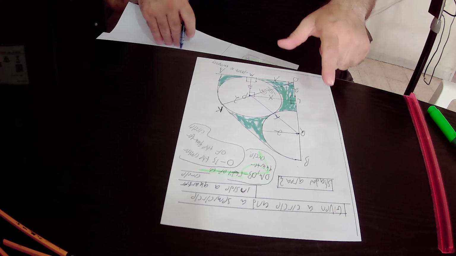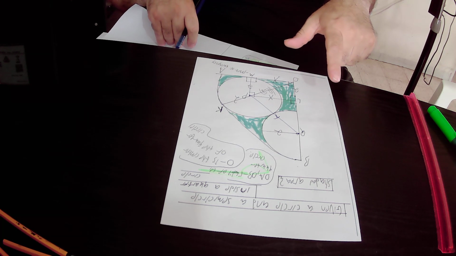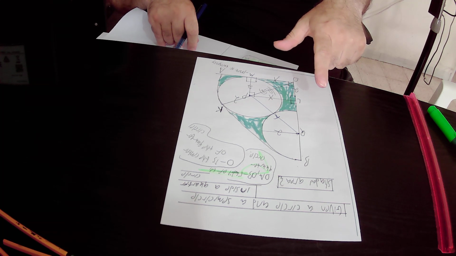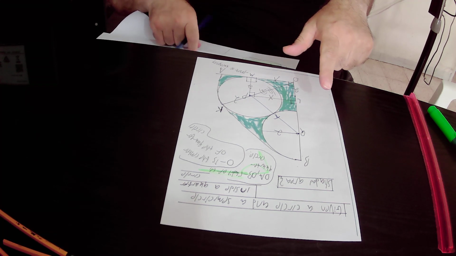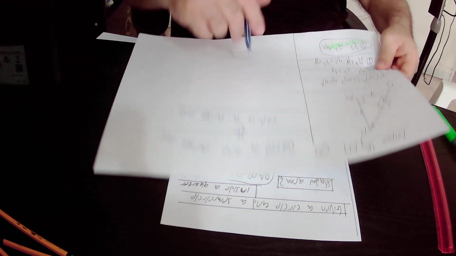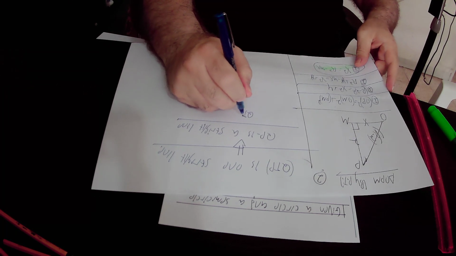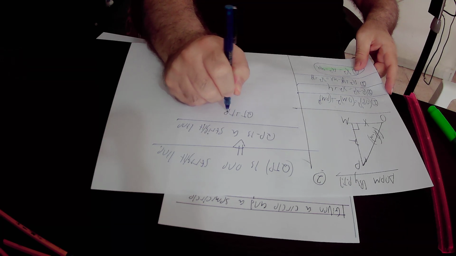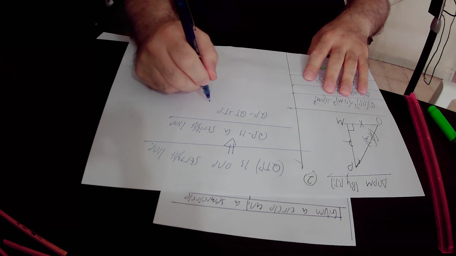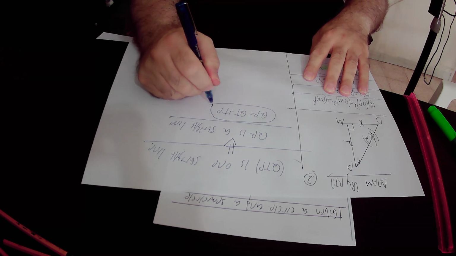The distance between the two points, QP, equals QT plus TP.